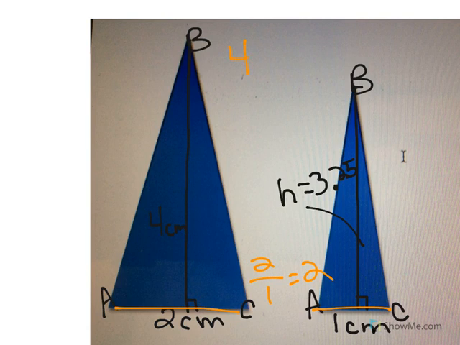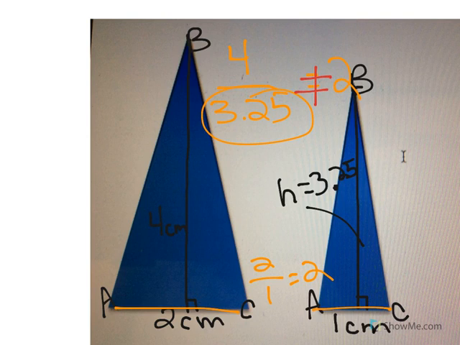So we have the ratio of 4 to 3.25. Well, hopefully we know that to get a ratio equal to 2, this denominator would have to be 2. 4 divided by 2 would give us 2.